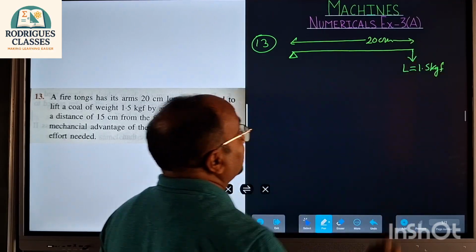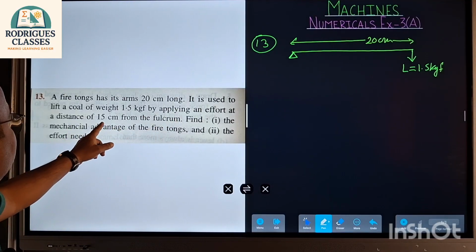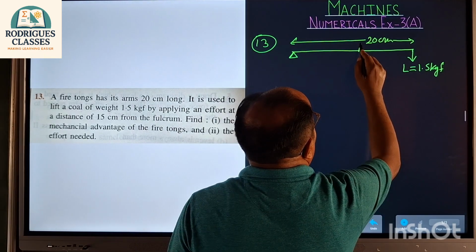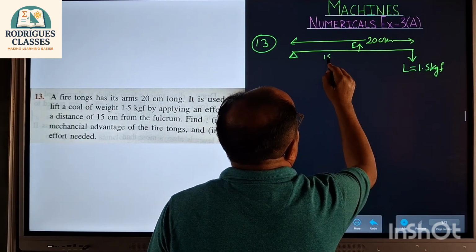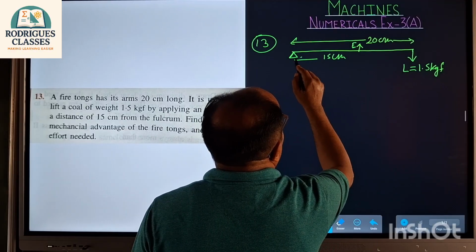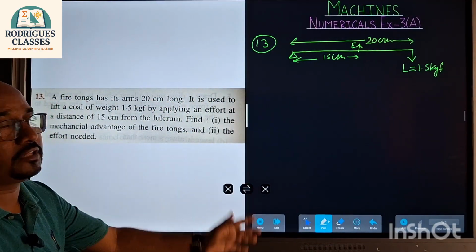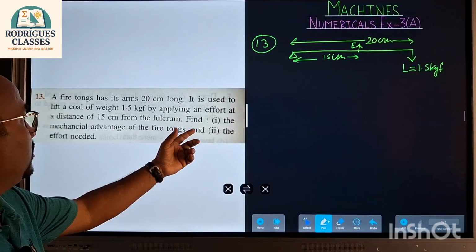So you know now that the load arm is 20 centimeter. Effort is being applied at a distance 15 centimeter from the fulcrum. So effort will be applied in the upward direction and it is told 15 centimeter. So effort arm is 15 centimeter. So now the diagram makes it clear what is your load arm and effort arm. We can apply the formulas and get it.